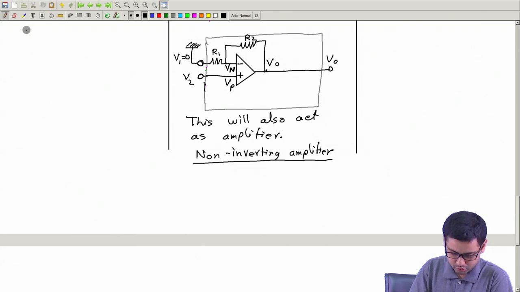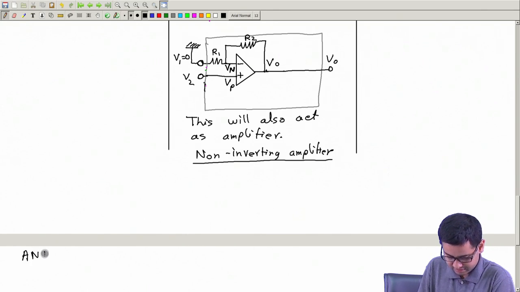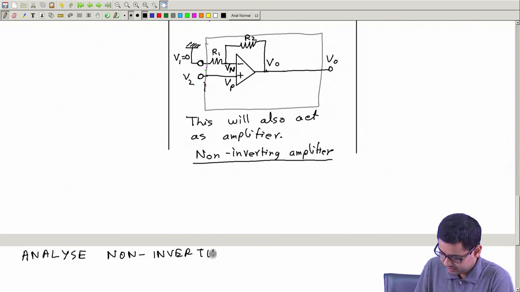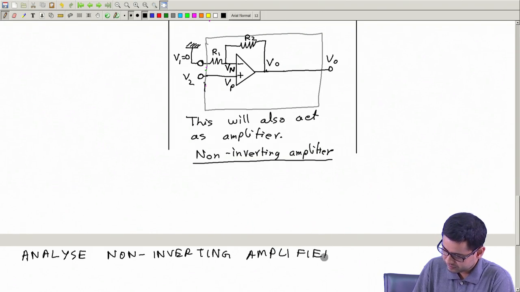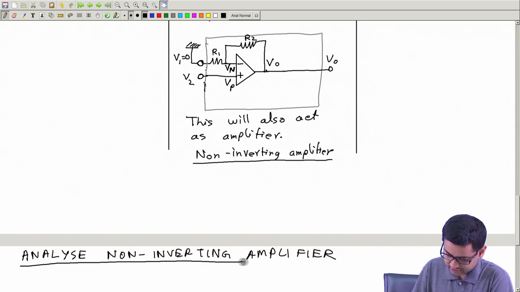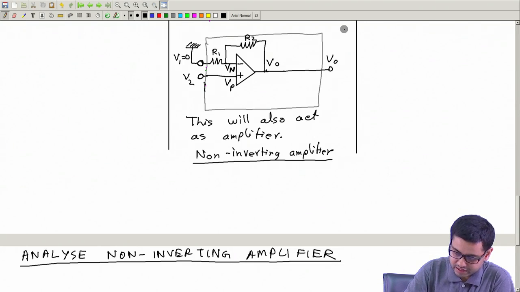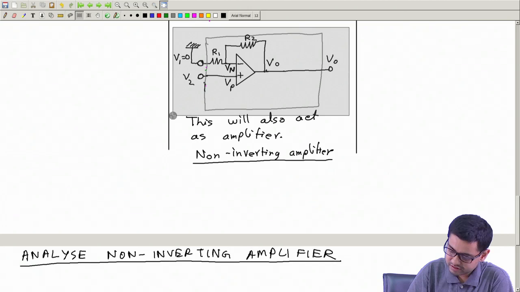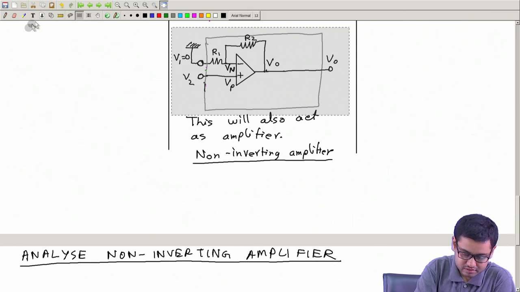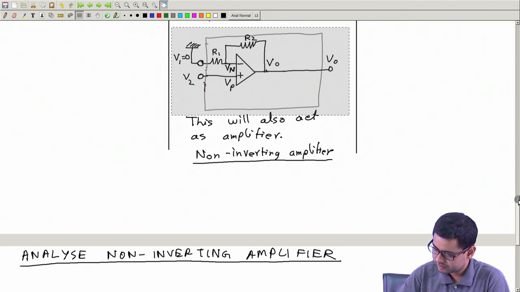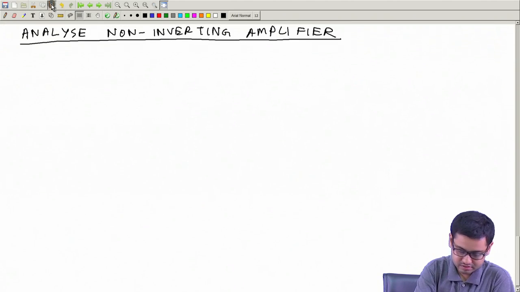Okay, so we will analyze non-inverting amplifier. So before that, let me just copy this circuit. So this is non-inverting amplifier.